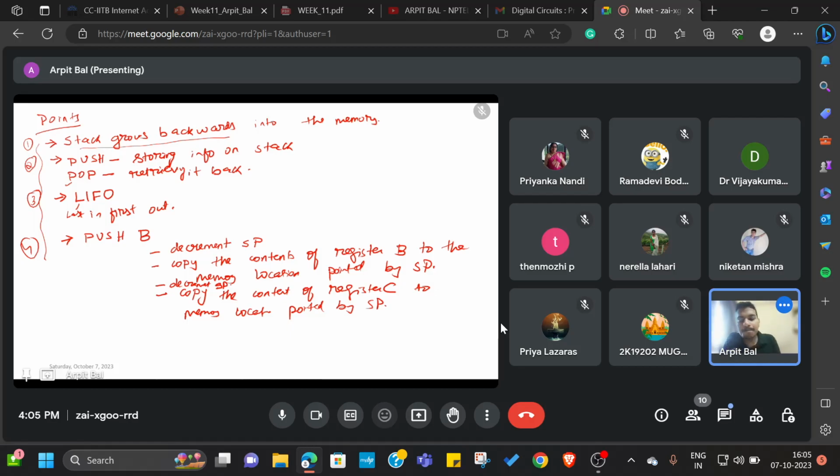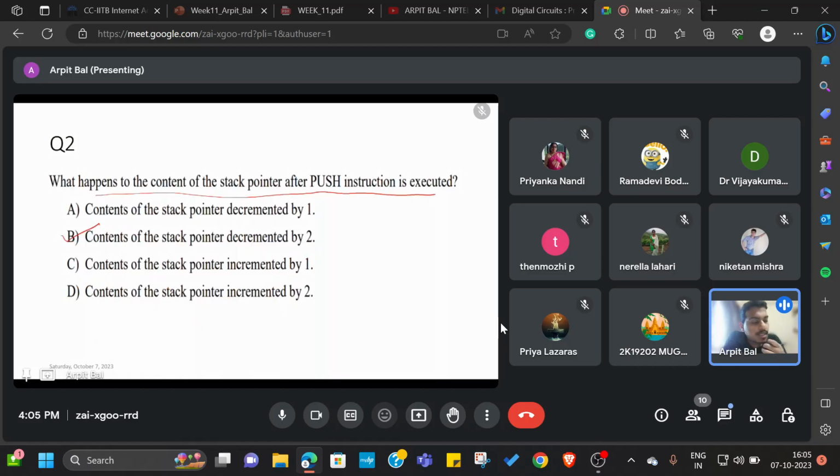Whatever is the content of register C is copied into the location pointed to by the stack pointer. So overall there are two decrements in this process. Yeah, so the content of the stack pointer is decremented by 2.